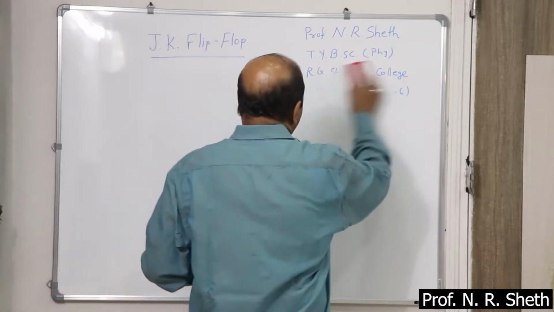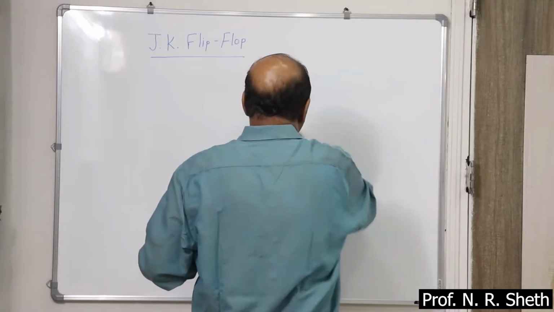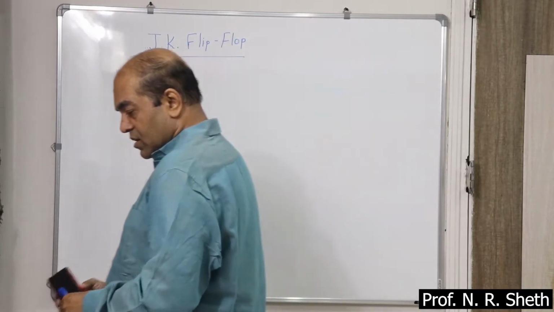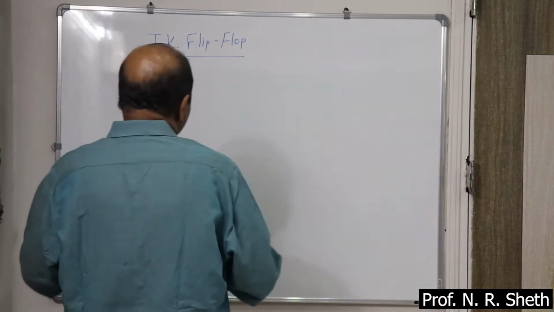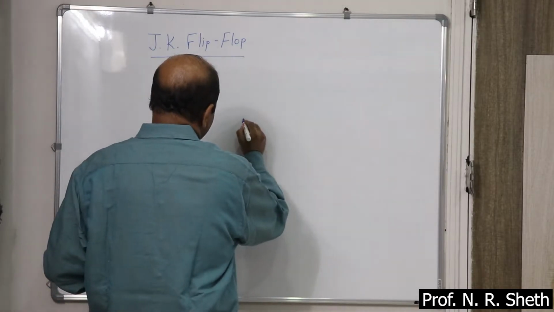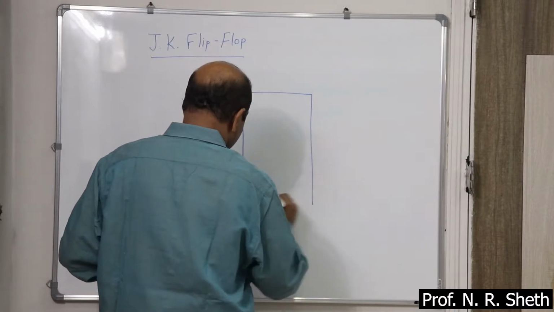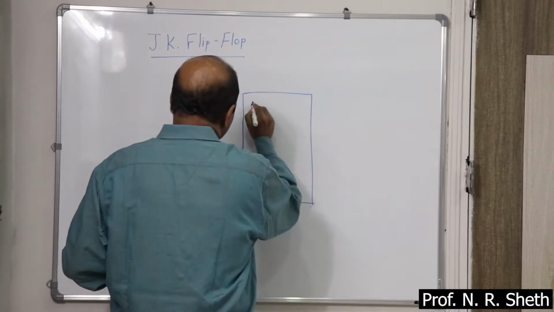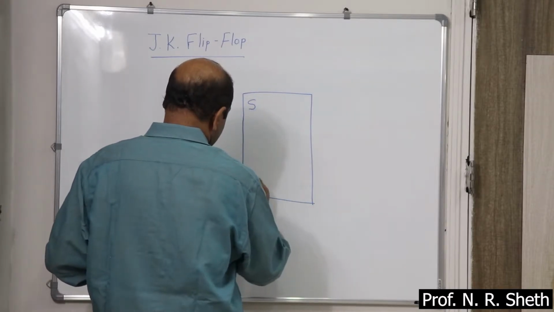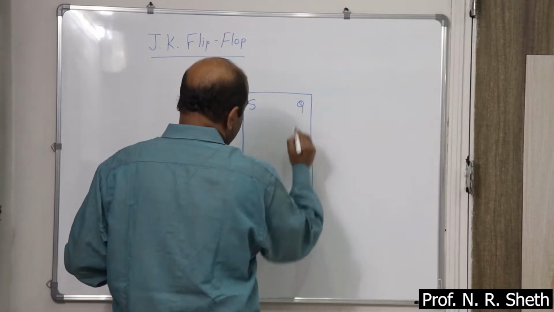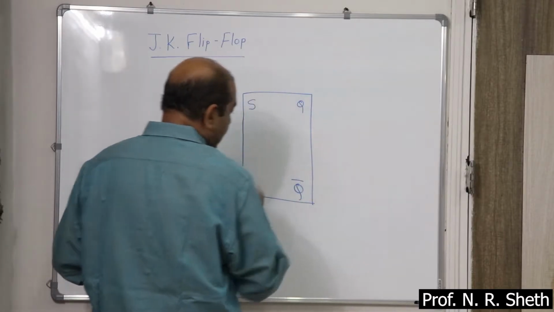In the JK flip-flop, as I have suggested, we have to use the symbol of the RS flip-flop: S, R, Q and Q bar.